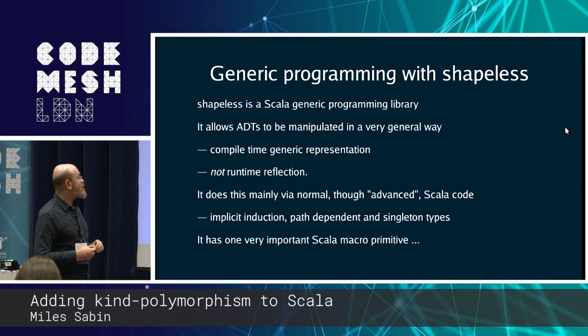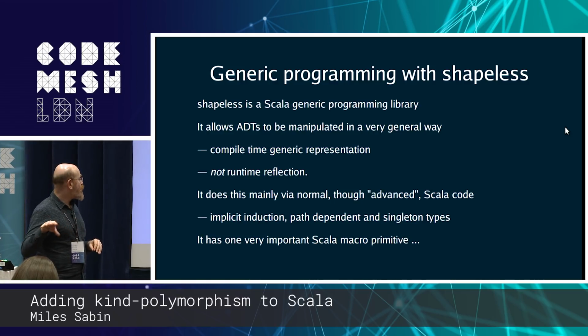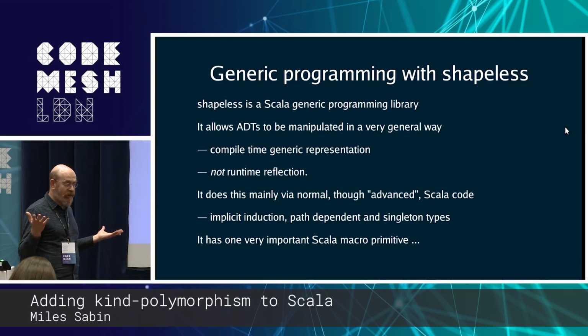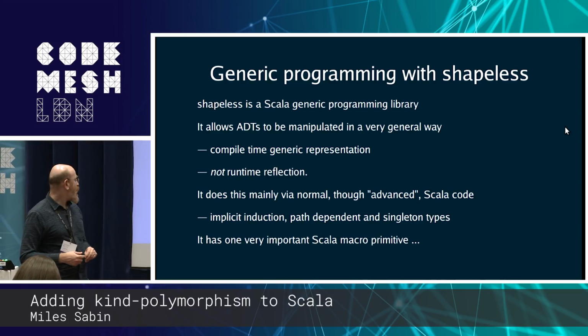The mechanisms it uses are the bits of Scala that verge in the direction of dependent types. So it uses path-dependent and singleton types, and it makes fairly heavy use of type-level induction encoded using Scala implicits. These are the kinds of things that push Scala, in this particular style of programming, towards having the feel of a dependently typed programming language.